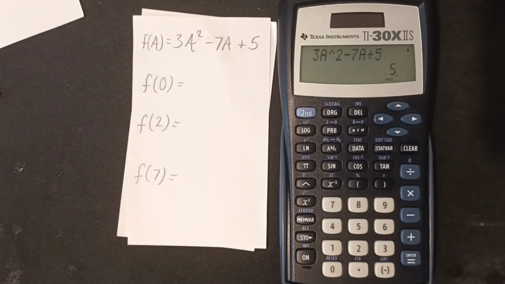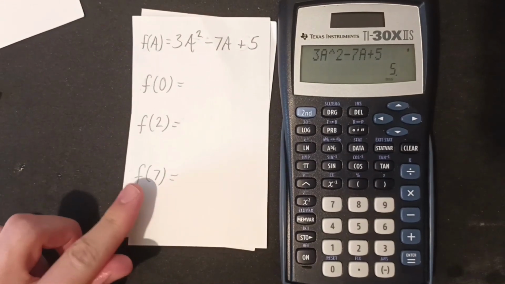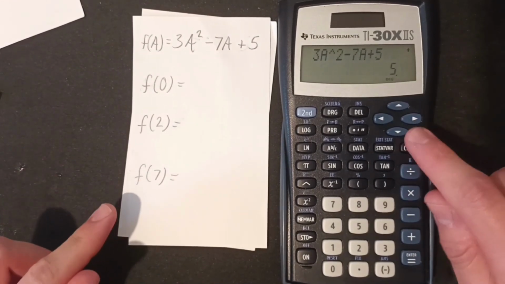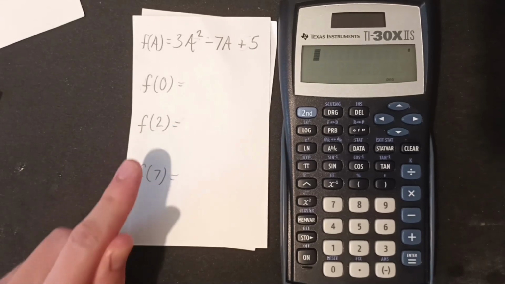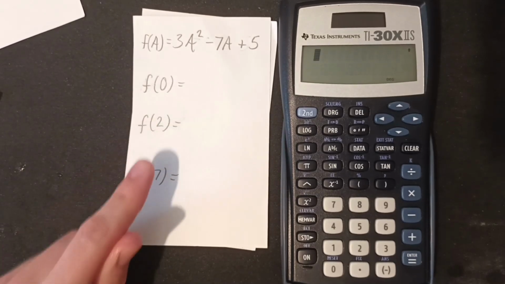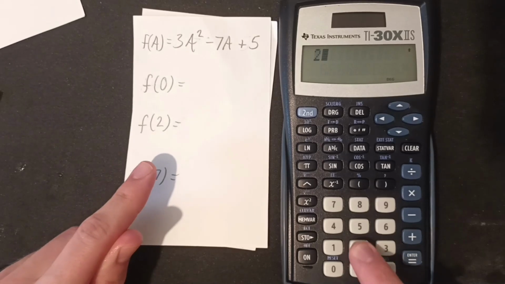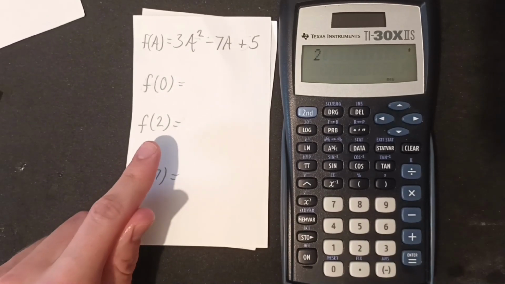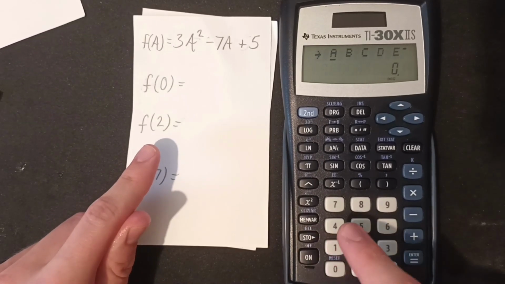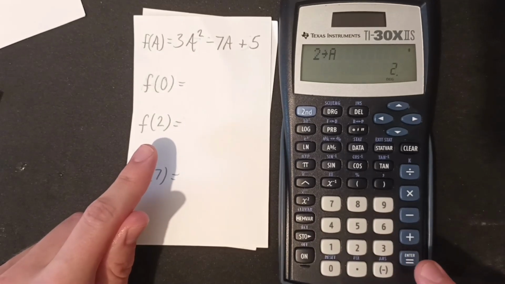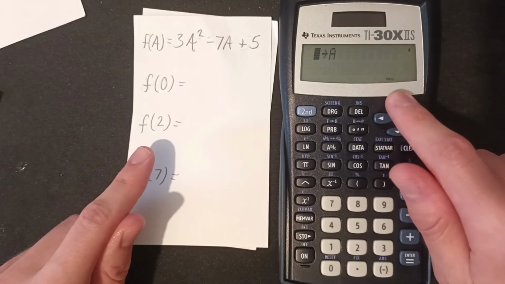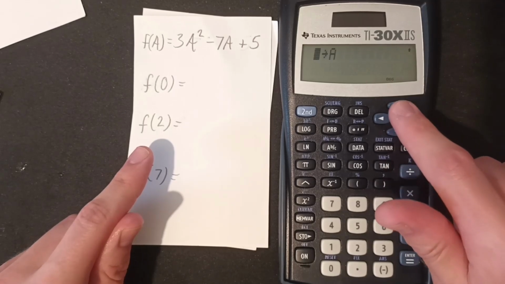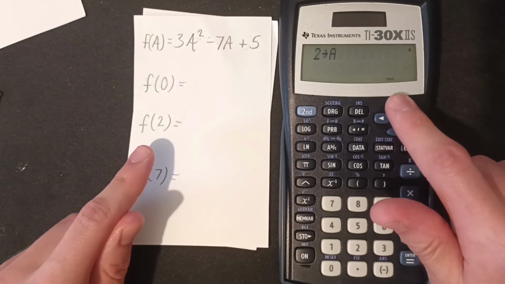All right, now let me show you how we can easily just evaluate the other ones. Okay, so let's clear that out. All right, so to evaluate the other expressions, it's going to be really easy and straightforward for us. So we want to store 2 in A first. So 2 store A. Okay, we did that. All right, let's clear that out. And then we can scroll up here on the D-pad to access our calculator history.